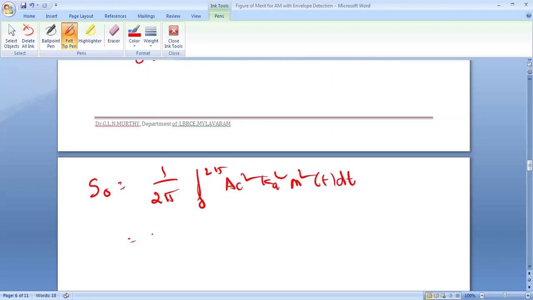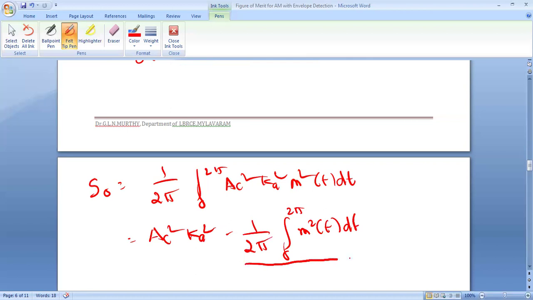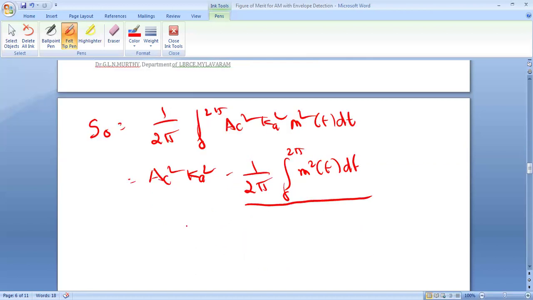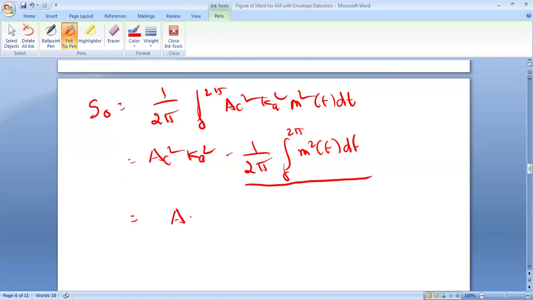That equals AC square Ka square outside, 1 over 2 pi, 0 to 2 pi integral m square of t dt. This is nothing but the average power, from the definition of average power of a signal. So this equals AC square Ka square P, which is the output signal power.